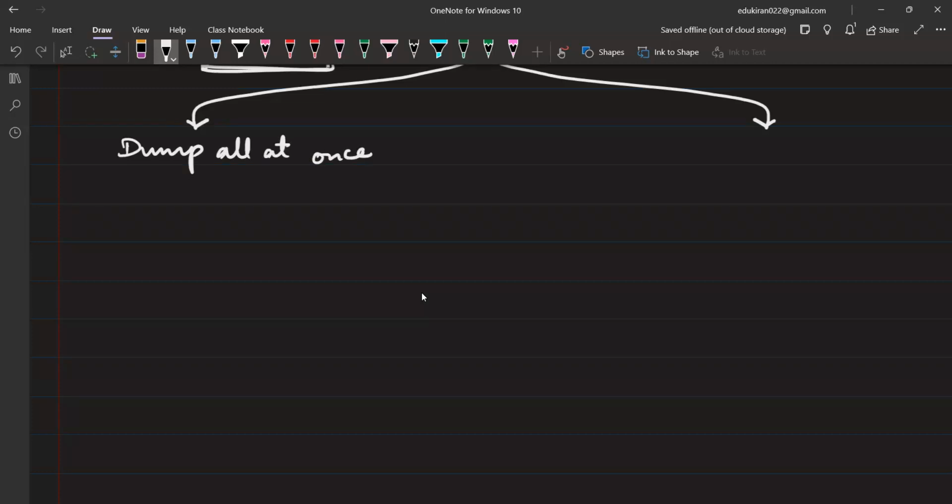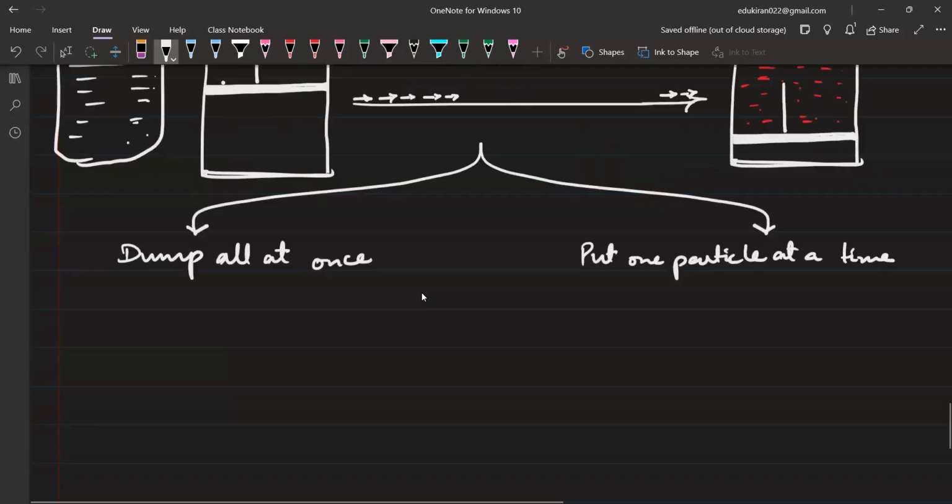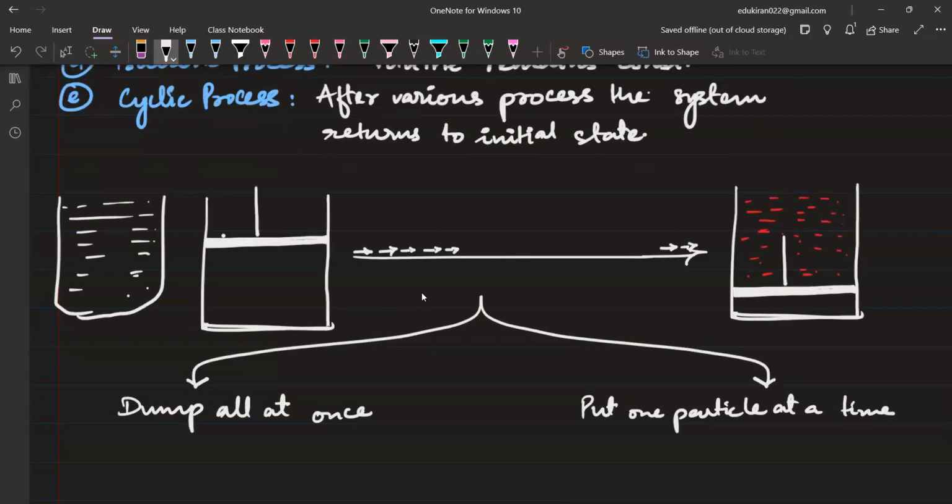And then what you can do, put one particle at a time. Now, when you are dumping all at once, as soon as you started to dump, as soon as you flipped that bag of wheat grains, you cannot stop the process. You cannot reverse that process. Please try to understand this part.